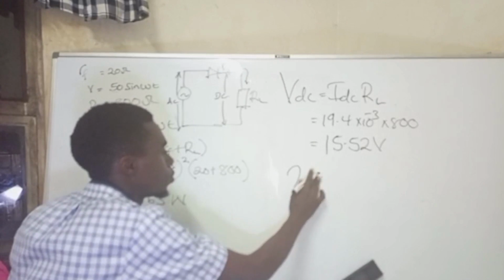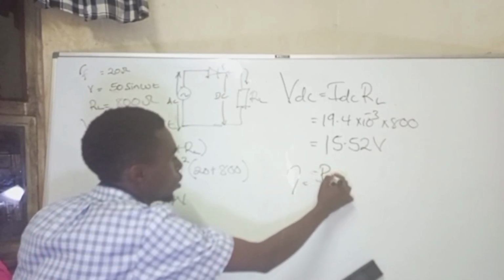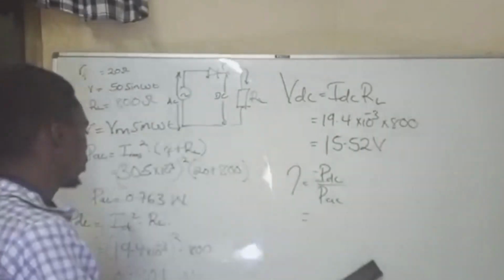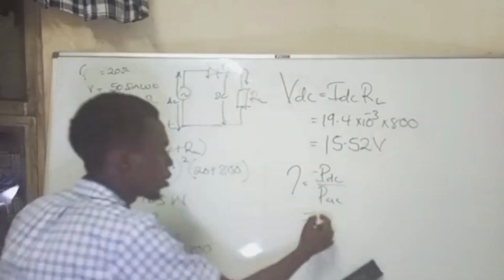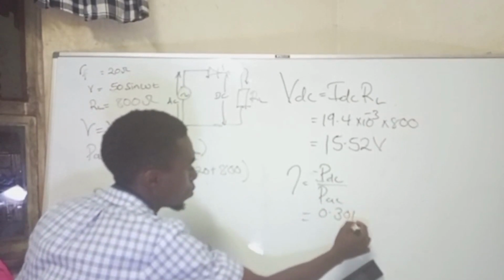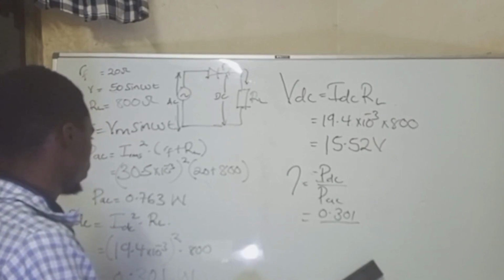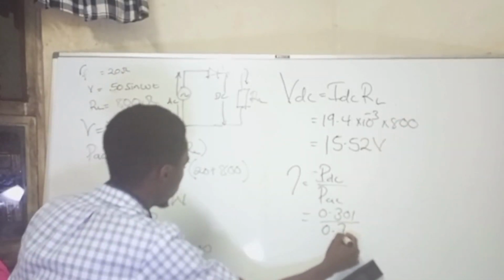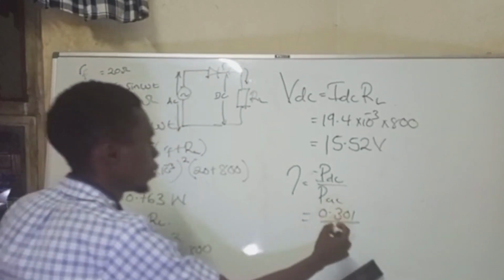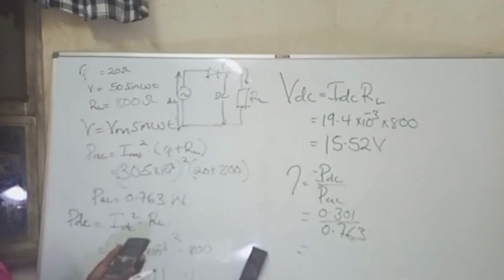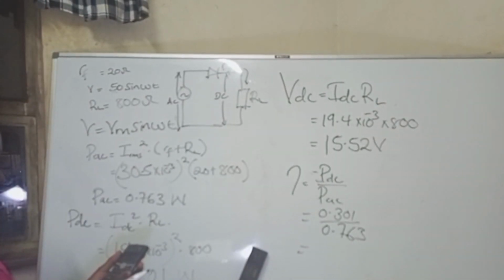It is going to be PDC over PAC, which is 0.301 divided by our AC power input, 0.763.